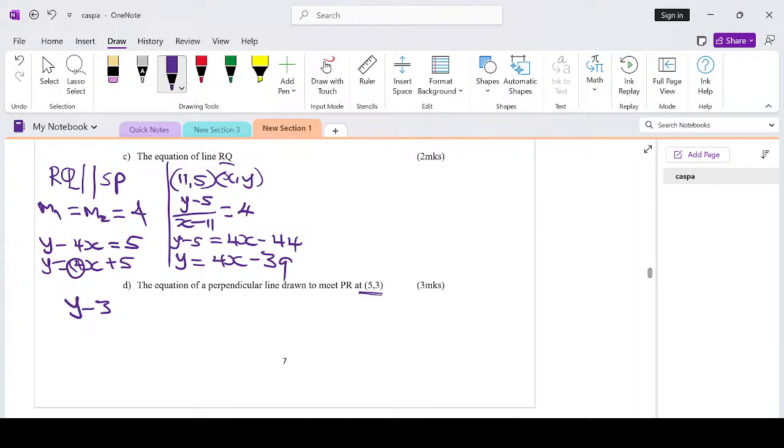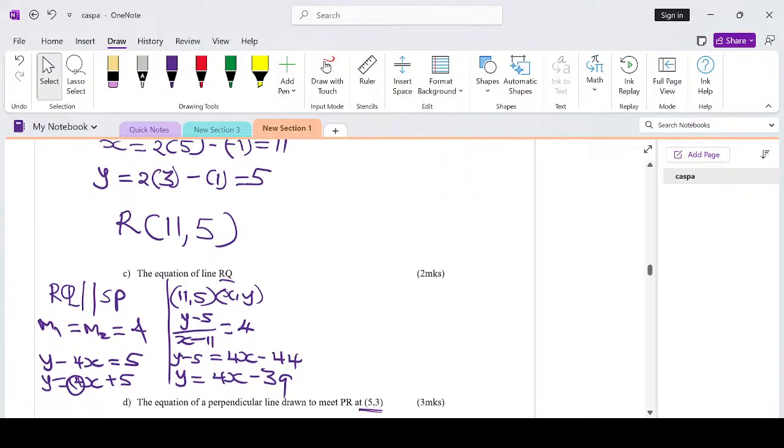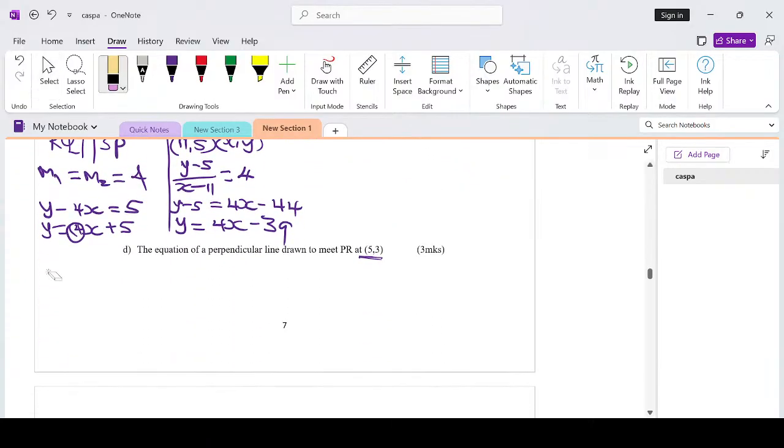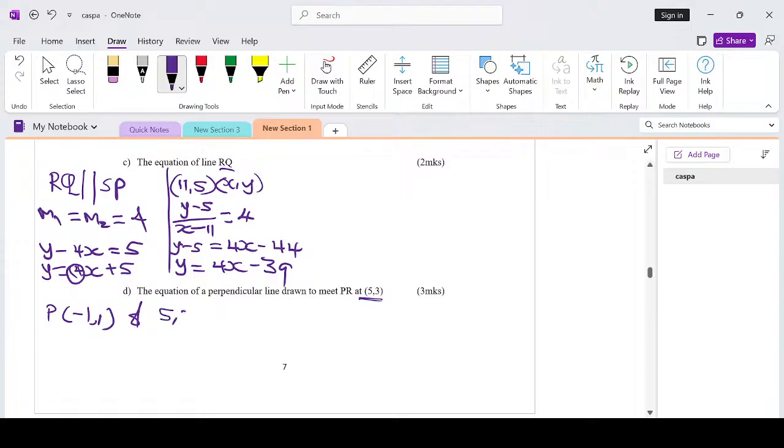Or maybe before we get into that, let's first see. They are talking about PR, right? What are the coordinates for P? Remember, the coordinates for point P are negative 1, 1. Then it's being linked with this point 5, 3. So first of all, let's get the gradient.